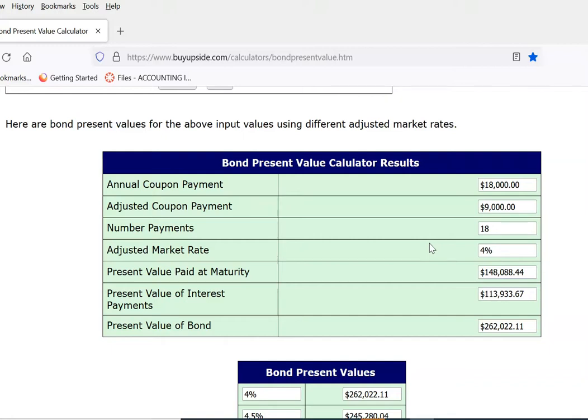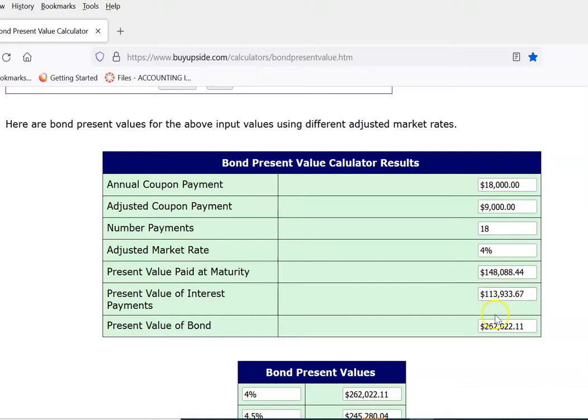If you watch the journal entry exercise that we did, we were making interest payments of $9,000. Now, we didn't need this calculator to do that, but notice the present value of the bond does come out to the exact figure that we were given in the question, and here is the breakdown for that.